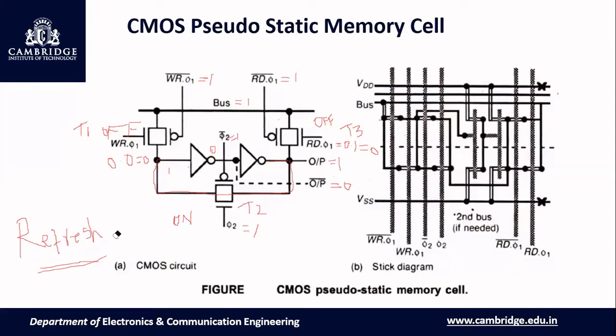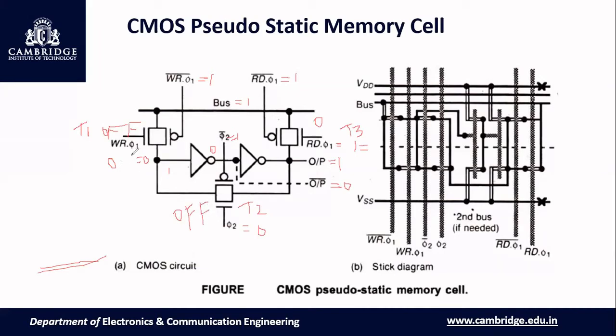And next is the read operation. You know how to perform the read operation. For reading, RD should be 1 and phi1 should be 1, so that whatever data you have will be read down to the bus. That's it. Here phi2 will be made 0, so that T2 will be off.